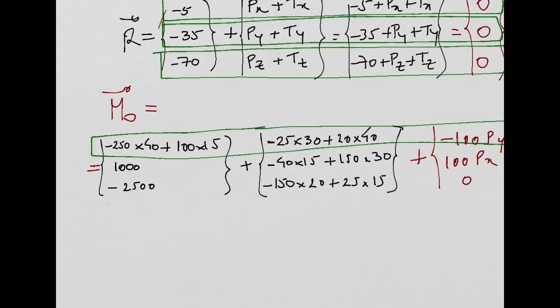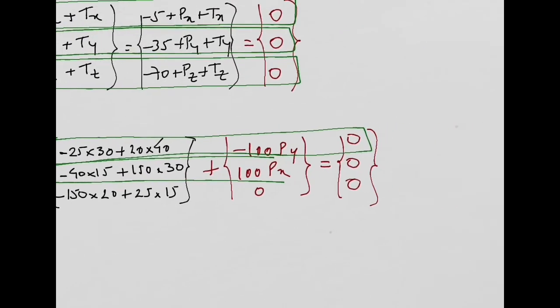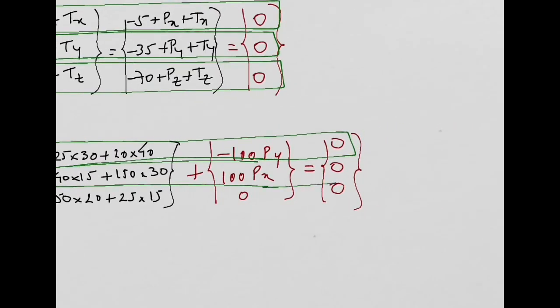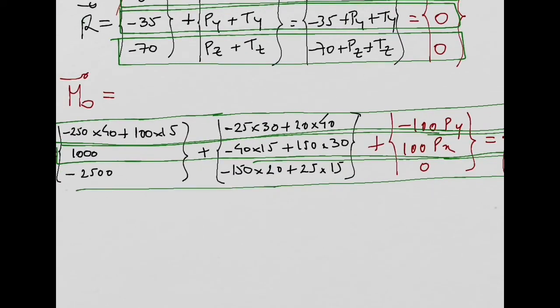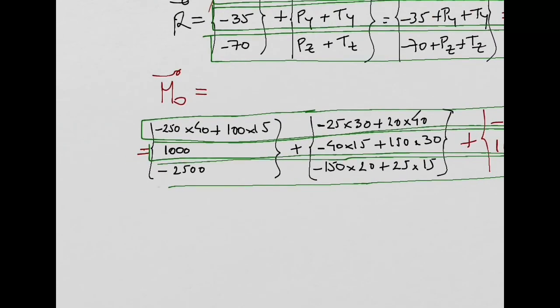Summation of the y components of the moment equal to 0. That will give you your fifth equilibrium equation. And your last and sixth equilibrium equation is the summation of the z components of the moment equal to 0.